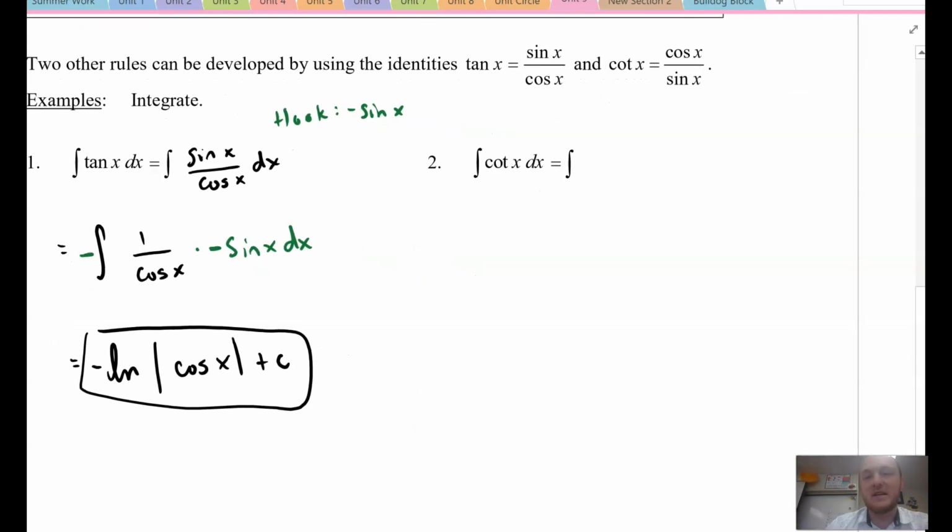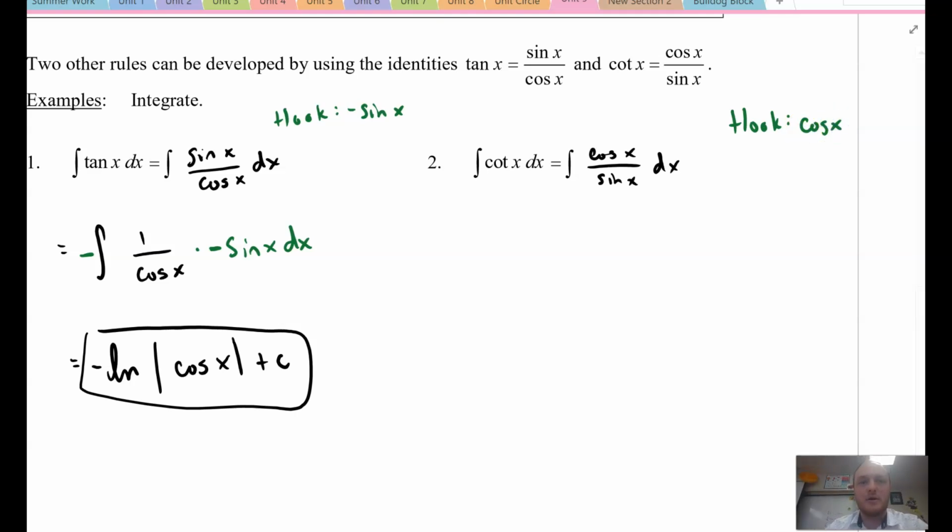Using the same idea here, I'm going to use my quotient identity, so this is cosine of x over sine of x dx. Again, look at the denominator. Can I account for anything else with the derivative of my denominator? The derivative of sine of x is cosine of x.